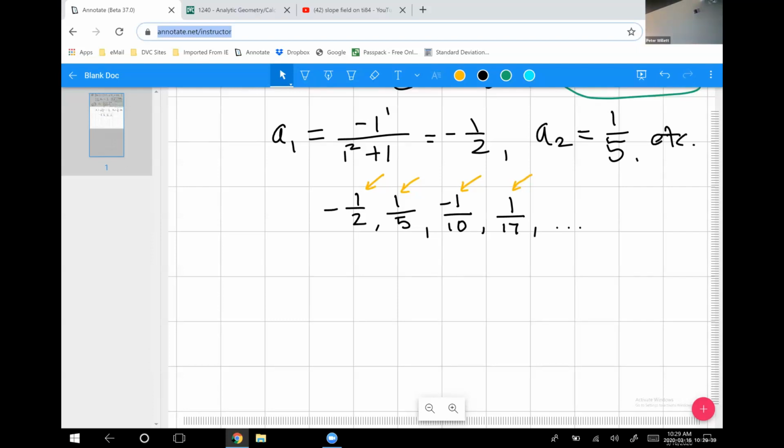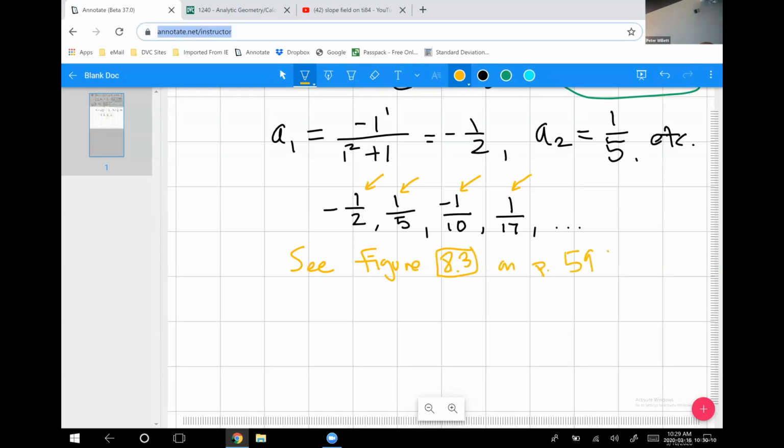Okay, so they actually, of course, draw a nice picture in the book that might make this a little bit more clear. So I would say see figure 8.3 on page 599.